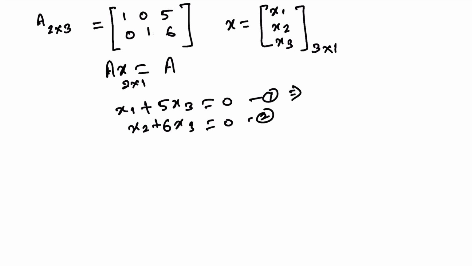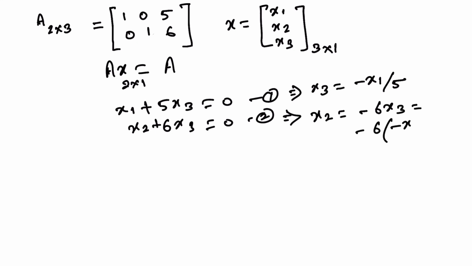From here x3 equal to minus x1 by 5, and here x2 is minus 6x3, so with x3 equal to minus x1 divided by 5, this will be 6 by 5 x1, okay.